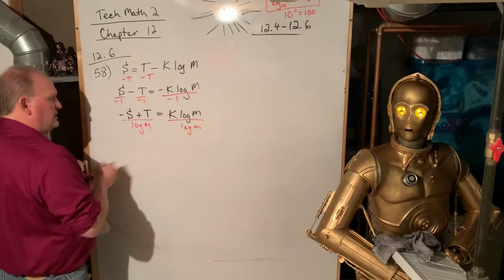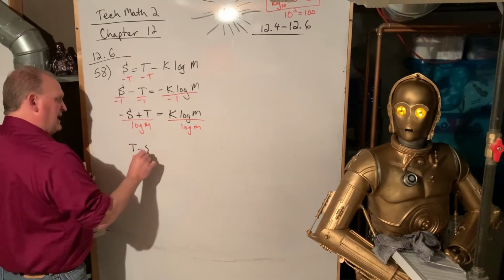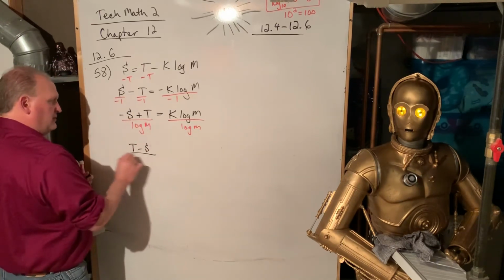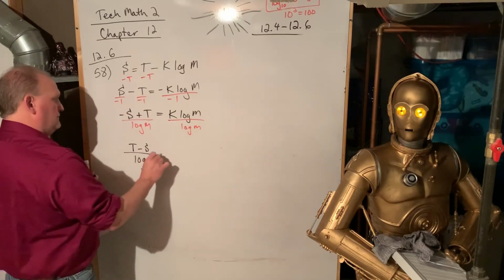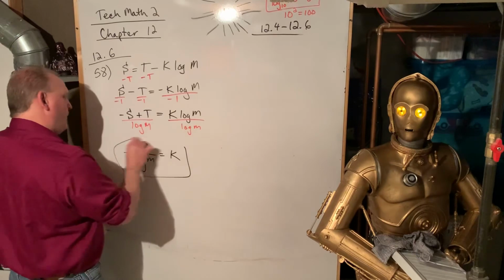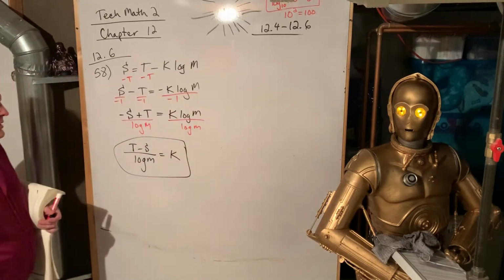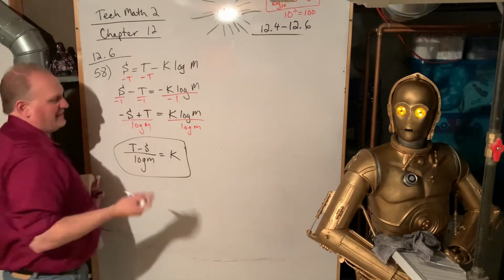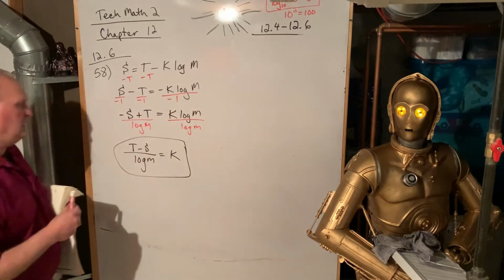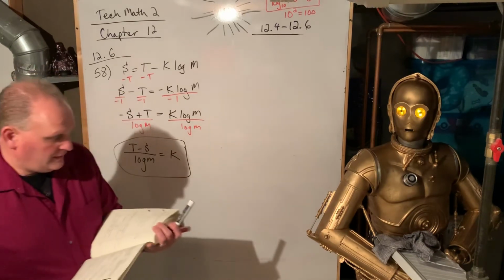And there we go. So in the book, they'll have it T minus S because they don't like writing that extra plus. So they switch them around. Truth be told, I wouldn't really care if you left the negative on the log and left it S minus T. It's fine. Either way. All right.